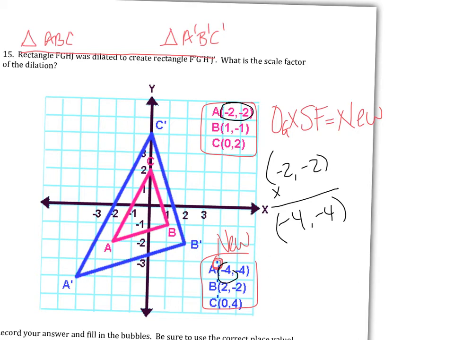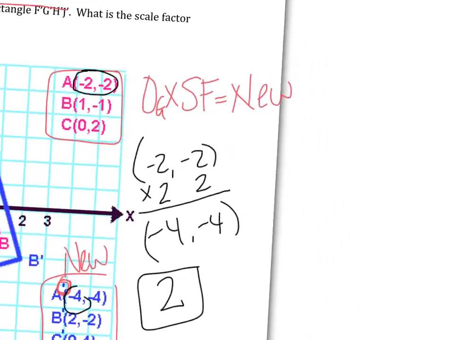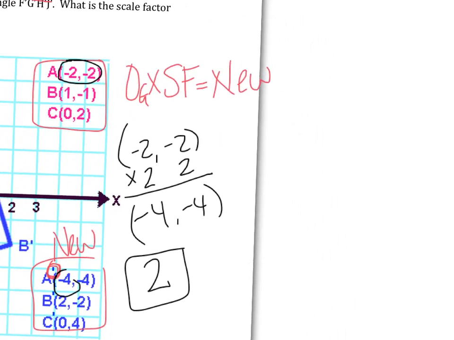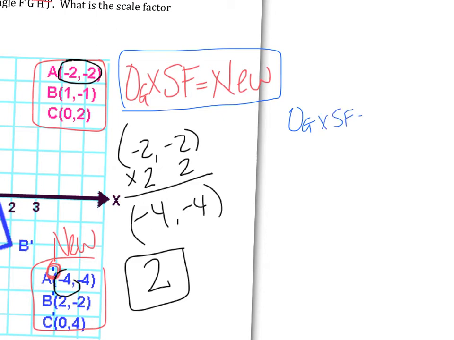So by looking at it, you can see that we multiplied by 2 to get -4, so that means our scale factor is 2. If it's not so easy to see, then we could take this original equation we had, the original times scale factor equals new.